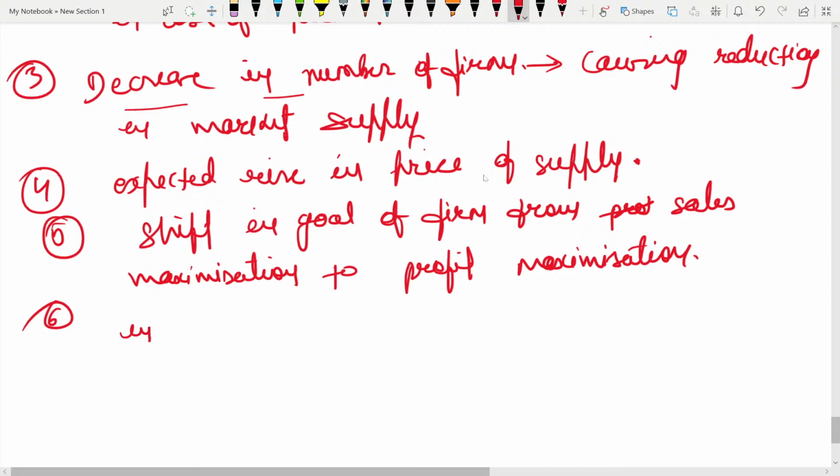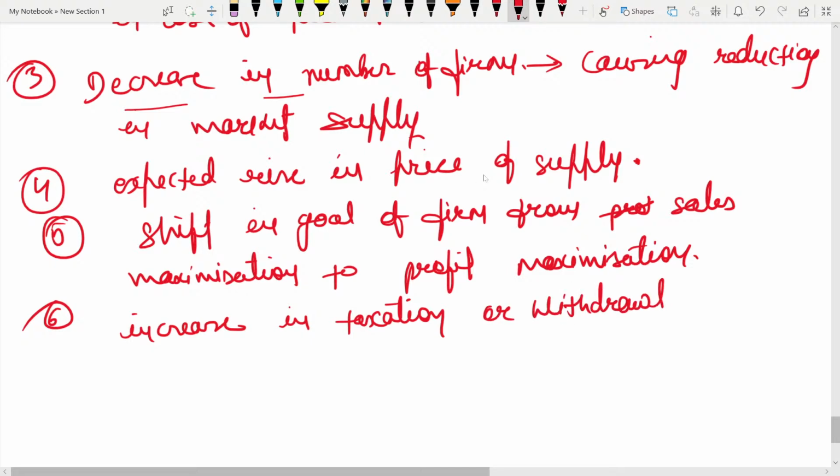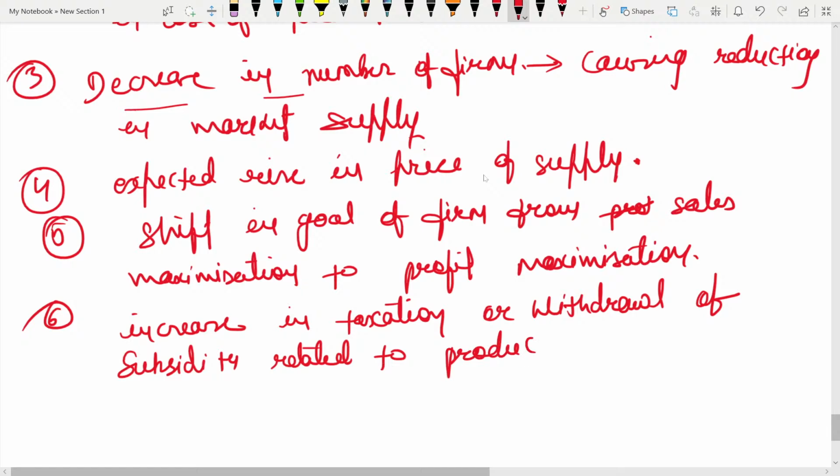Increase in taxation or withdrawal of subsidy related to production. Now, what happens is that the government imposes a high rate of tax.